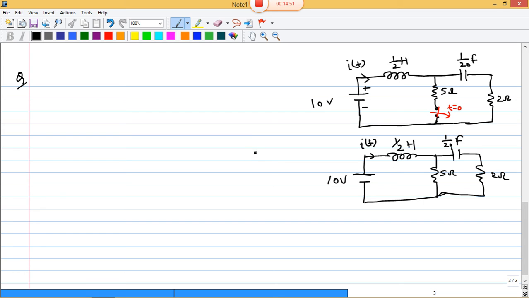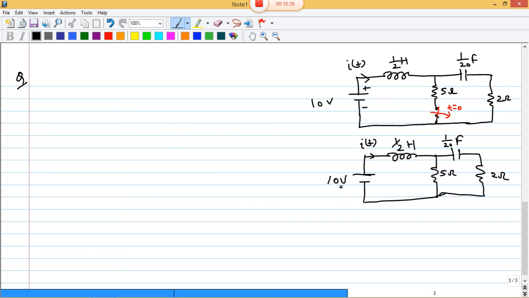Why? Because constant current is flowing through this. So if constant current is flowing through this, then it will behave as a short circuit.